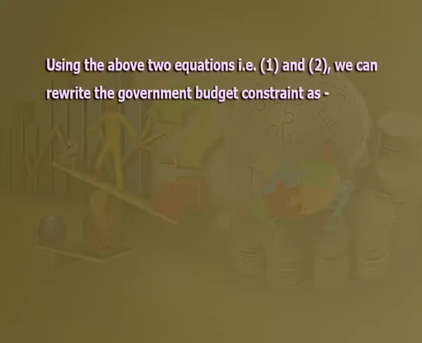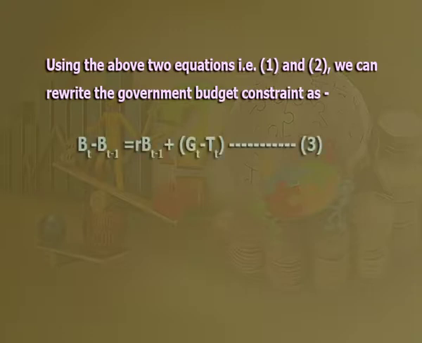Now, using equations 1 and 2, we can rewrite the government budget constraint as B_t minus B_(t-1) is equal to rB_(t-1) plus G_t minus T_t. This is our equation 3.